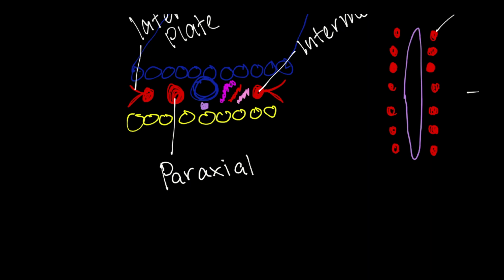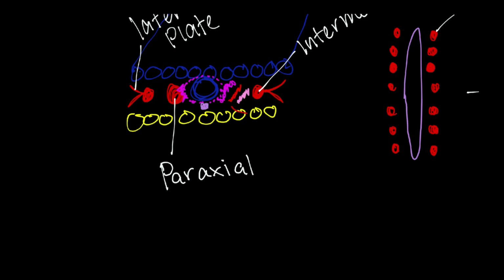And the sclerotome, draw that on either side, it will migrate to surround the neural tube and will eventually form the vertebra and the ribs. And the dermatome and the myotome will eventually travel to other parts of the body, say like the limbs, and the myotome will form skeletal muscle and the dermatome will form the dermis.